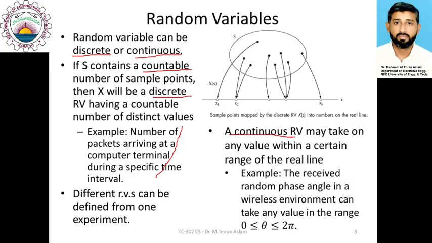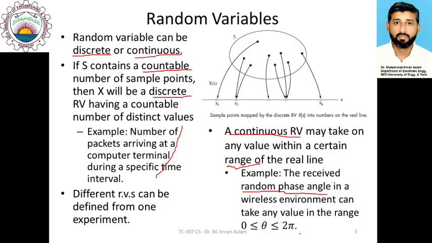Similarly, we can have continuous random variables. Those continuous random variables can take any value within a certain range. So there are infinitely many possible values associated with a continuous random variable, though they are restricted to a certain range. A simple example is the phase angle we receive in a wireless environment.